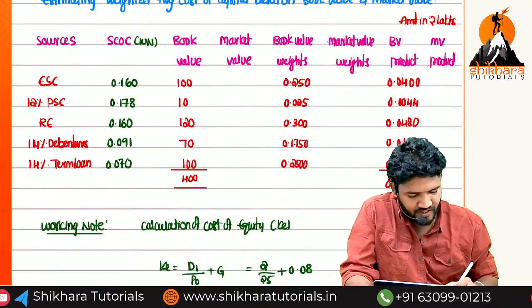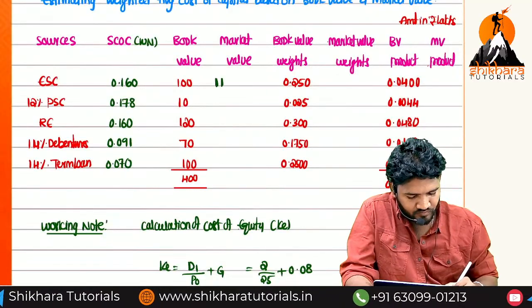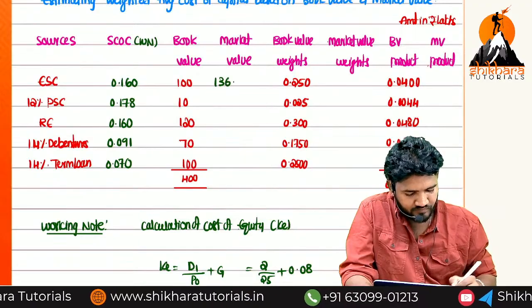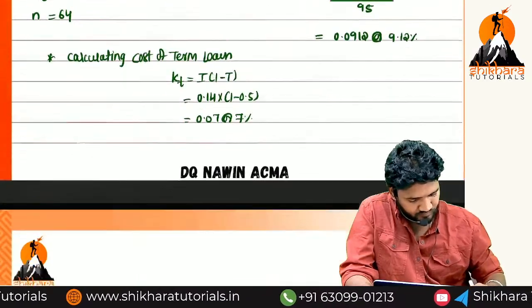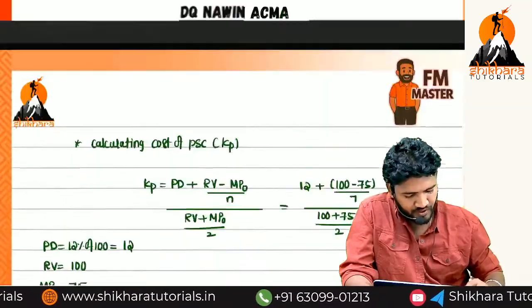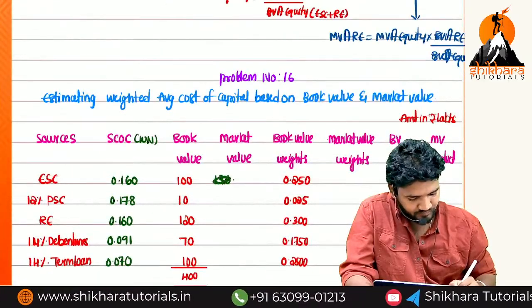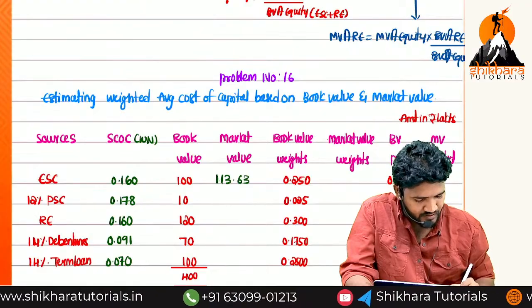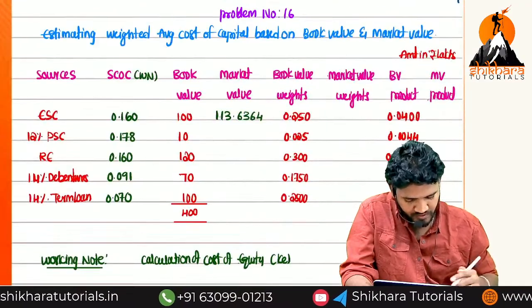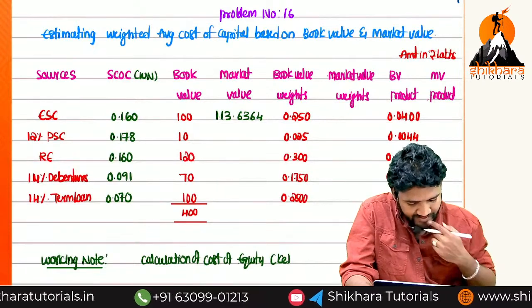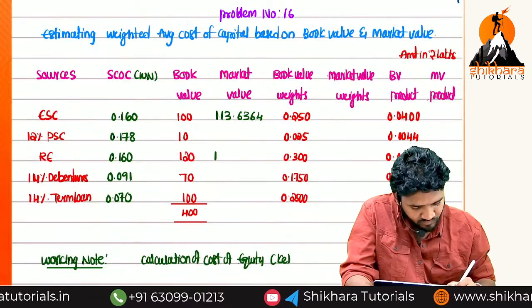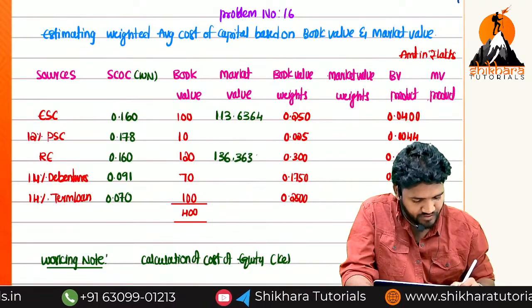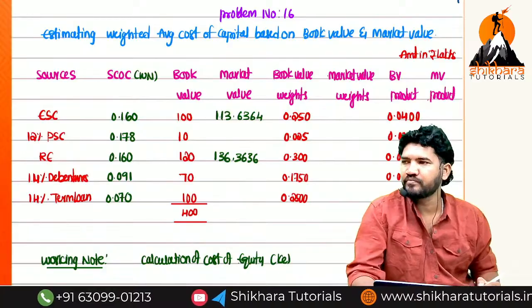What about the equity share capital? 113.6364. What about the retained earnings? 136.3636. Are you okay?